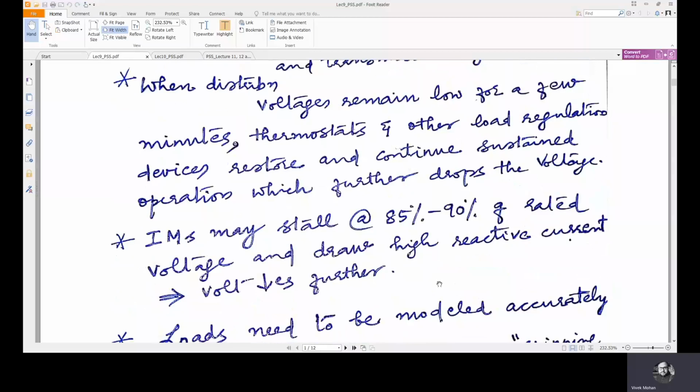So this is another aspect. Then induction machines may stall at 85% to 90% of the rated voltage, and then they draw high reactive current. So then the voltage will reduce further. So this is another issue.